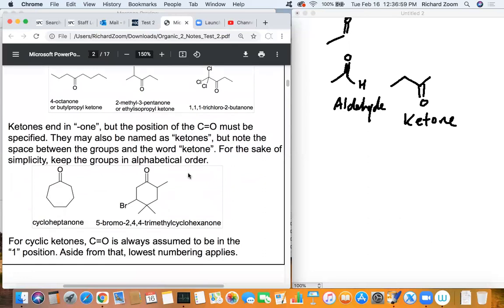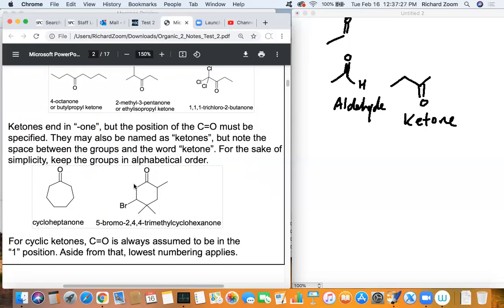When you've got cyclic ketones, we don't say where the double bond O is. We're assuming it's at number 1. Excuse me, sorry. Been holding that back. Bless you. Thank you. This would be called cycloheptanone. You'll notice there's no saying where the ketone group is, because it could be anywhere there and it'd be fine.